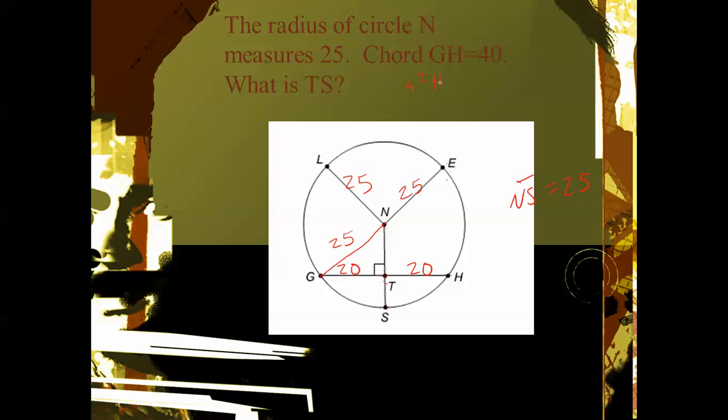I use a squared plus b squared equals c squared. Here we have our c, because the c always has to be the hypotenuse. So we have 20 squared plus b squared equals 25 squared. 20 squared, which is 20 times 20, is going to be 400.